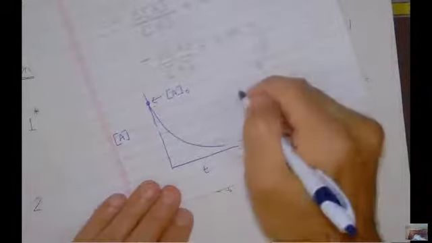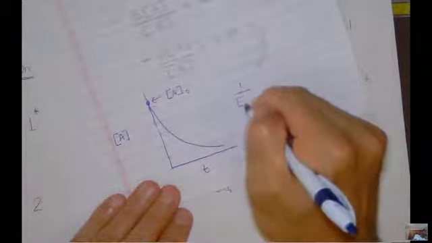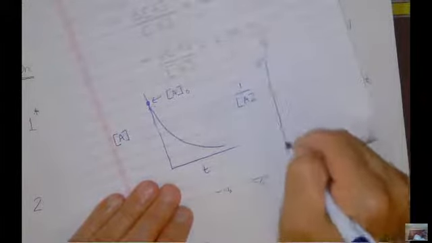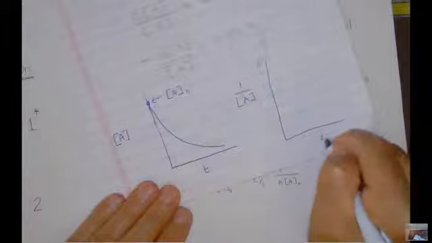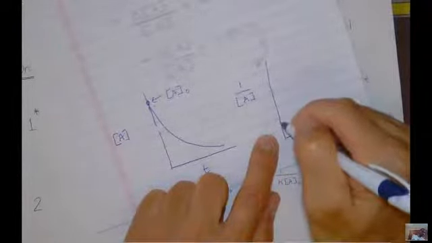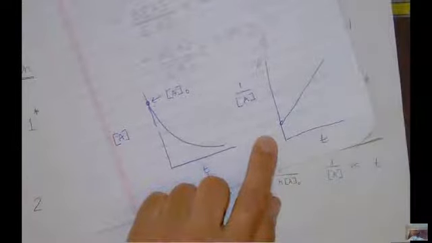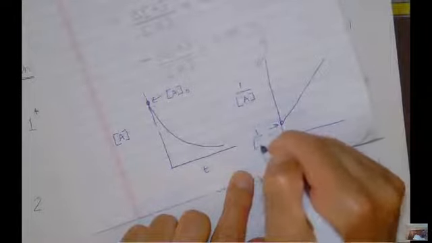Well, if I graph 1 over [A]t, this will give a straight line. It will come up like this, and the intercept of the straight line will be 1 over A0.